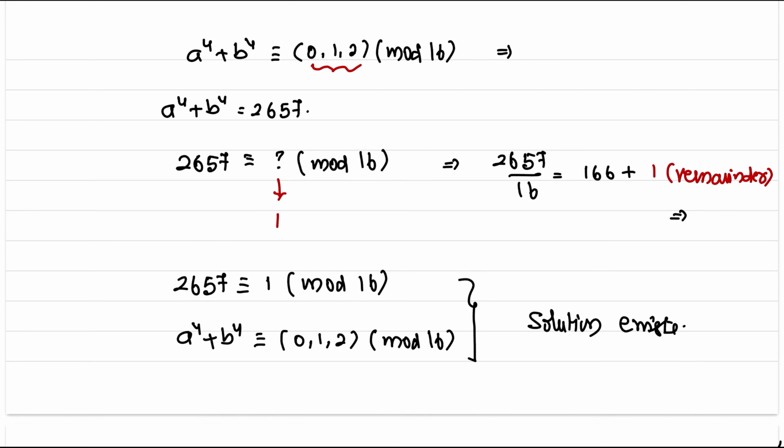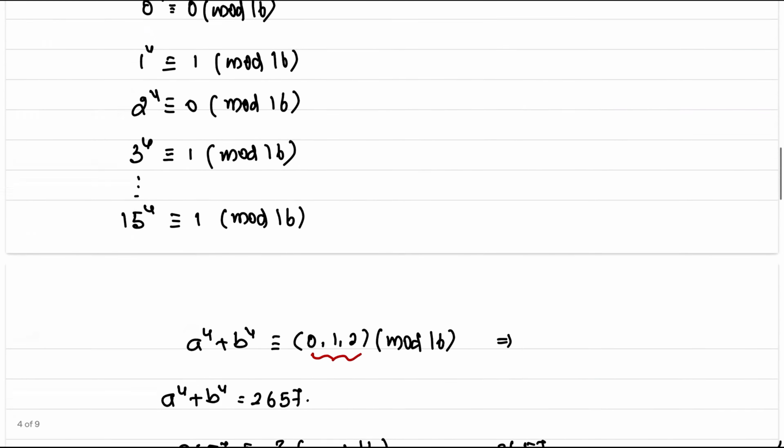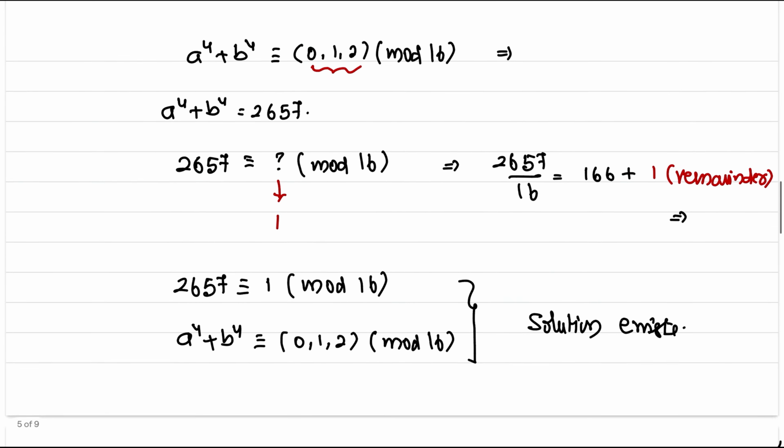That we have proved, because for c to the power of 4, there is no c to the power of 4 for 2657. Hence the solution exists.